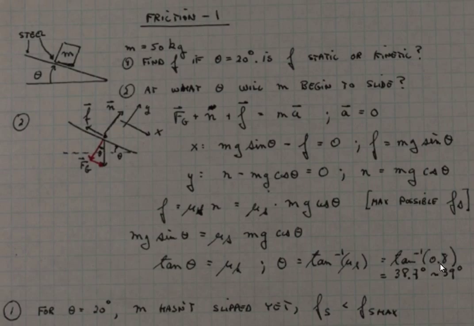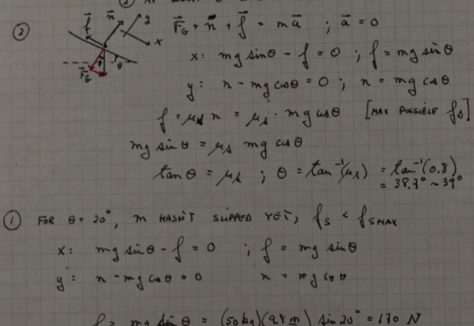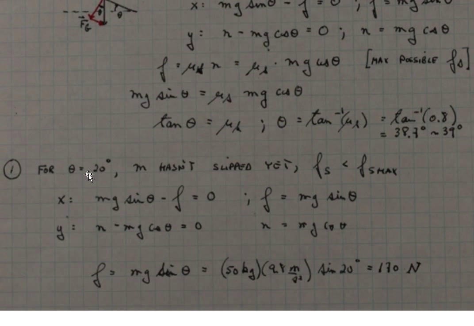So that tells me that for the first part, since I have an angle of 20 degrees, I haven't gotten to the slide condition yet, because 20 degrees is less than this critical slipping angle.